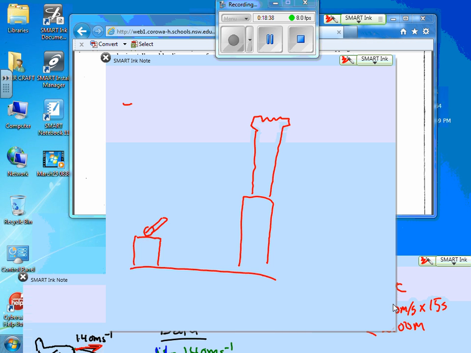This is actually an HSC, and there's a window in the castle. And you fire a cannon so that the ball goes through the window. They give you a bit of information, but you have to work out what angle the cannon was fired at to make the ball go through the window. So you have to become a bit proficient at doing these sort of questions. Okay?